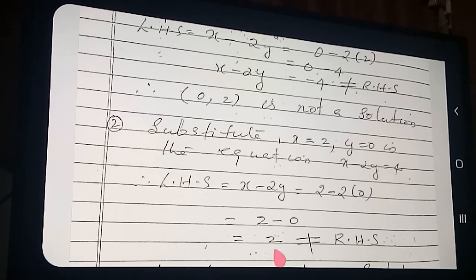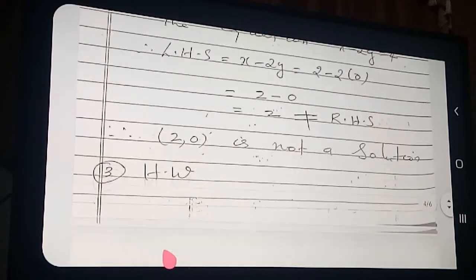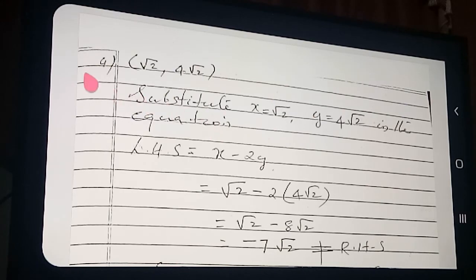That is equal to 2. So what is the RHS value? 4. So what I written here is not equal to the RHS part. Therefore, what we can say? (2, 0) is also not a solution. Clear the point? And third sum I kept for homework for you. And question number fourth one, see.